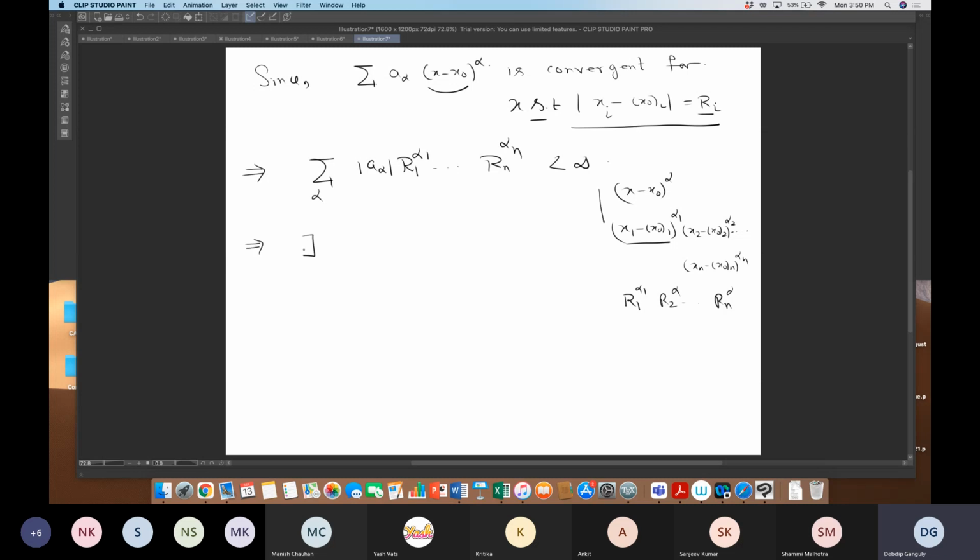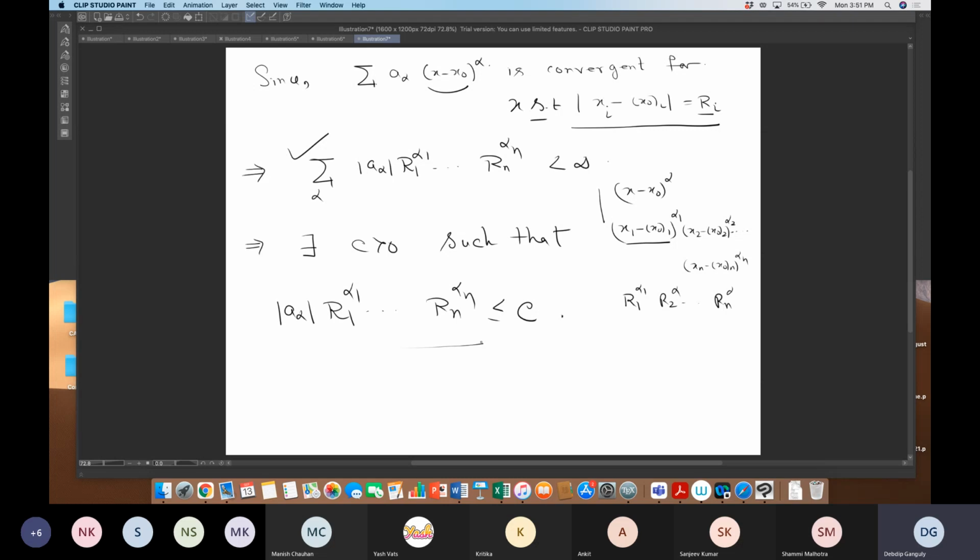This implies there exists a positive constant c such that mod a alpha r1 to the power alpha 1 dot dot dot rn to the power alpha n is less than c. Why? Who will tell me why? I said that this series is convergent for all alpha. This implies there exists a constant c such that this term is less than c for every n.